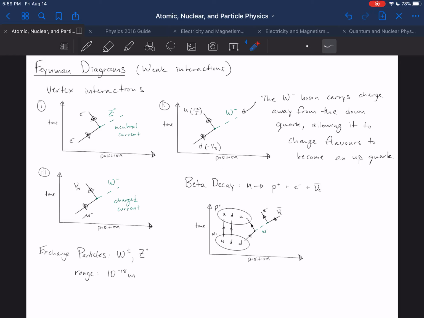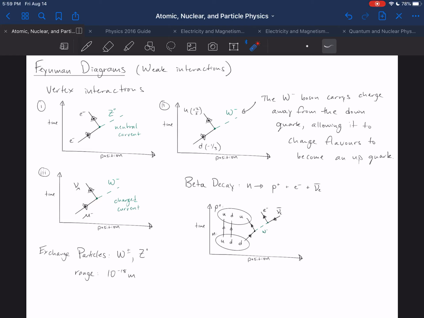Notice here that in order to conserve lepton number, this outgoing particle must be a lepton, but in order to conserve charge, that outgoing lepton cannot be a muon. And in fact, this muon transmutes into a muon neutrino. Notice that muon neutrinos are neutrally charged, thereby conserving charge at this particular vertex.